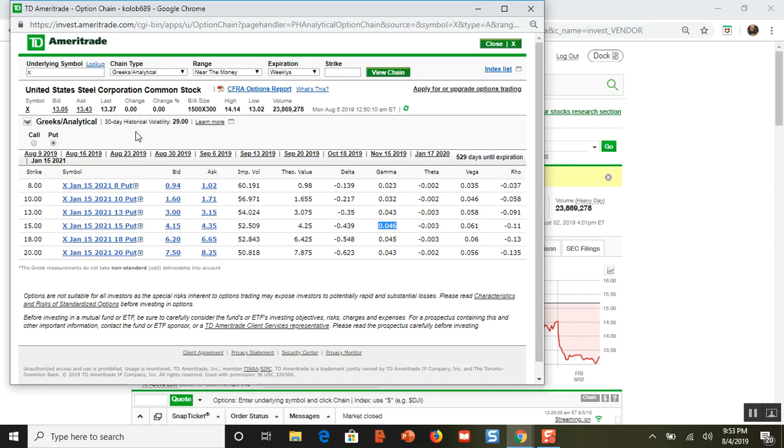I correct myself, you don't subtract, you add the value of the put you spend. In order for you to make a clean profit, because you spent $150 on a put option on a stock that you own 100 shares of, the stock needs to go up $1.50. So $10, $11.50. That's how you do your upper margin.